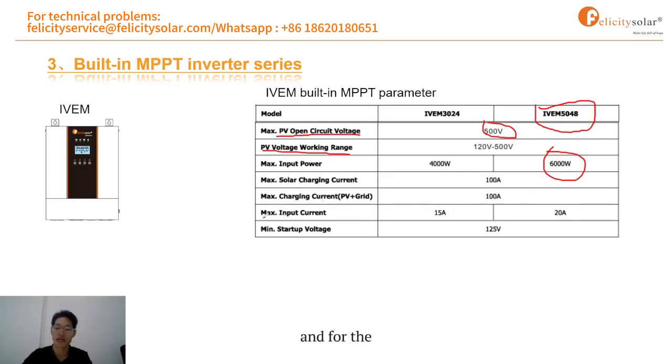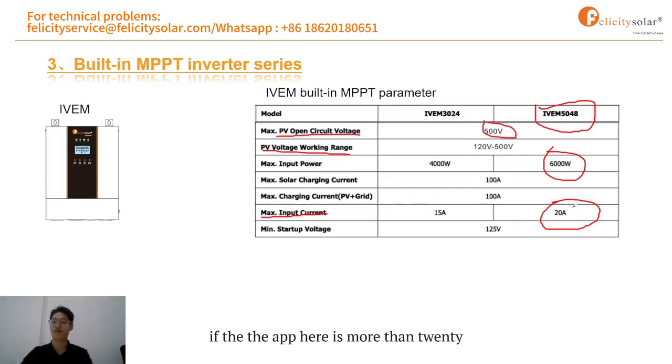And for the max input current, the current from the panels is 20 ampere. Which means that if the current is more than 20 ampere, the PV will not work. The machine will give some error code.